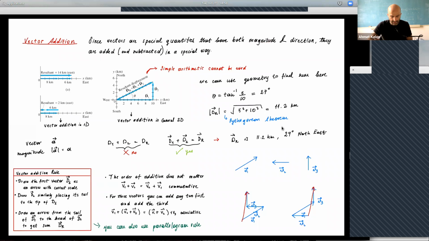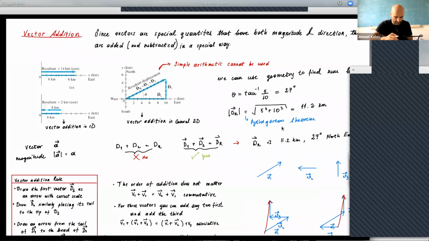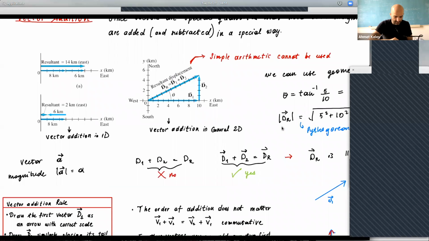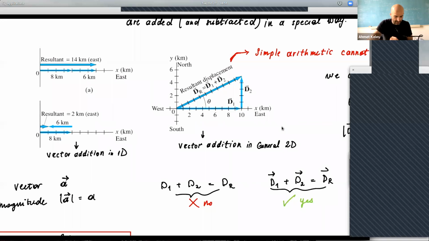Since they are not ordinary numbers and they are special quantities, they deserve a special way to be added and subtracted. So let's give a few simple examples to warm up and wake up. You can imagine yourself starting from the origin and walking 8 kilometers to the east.